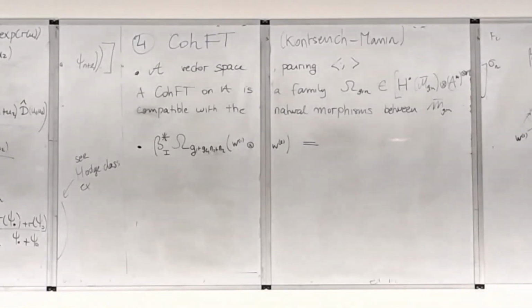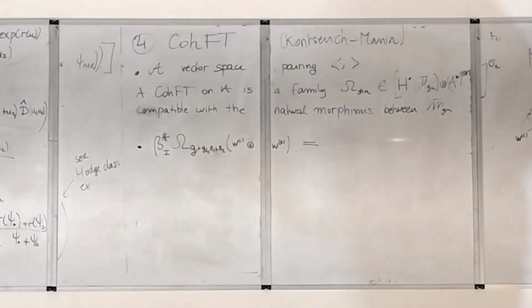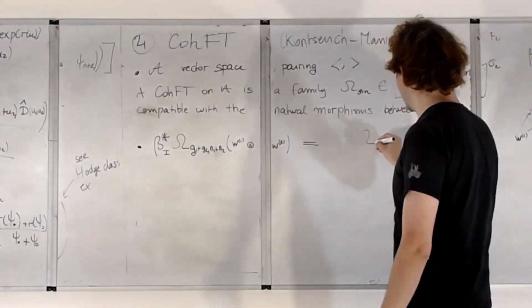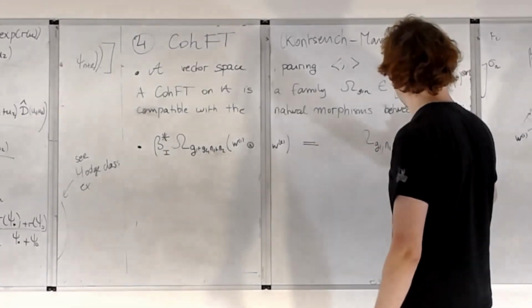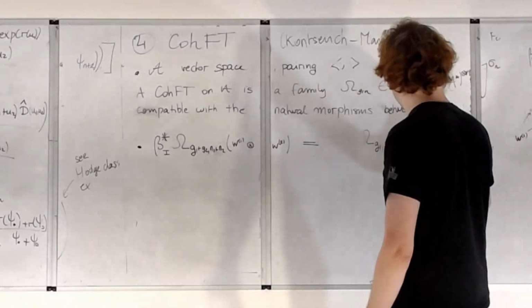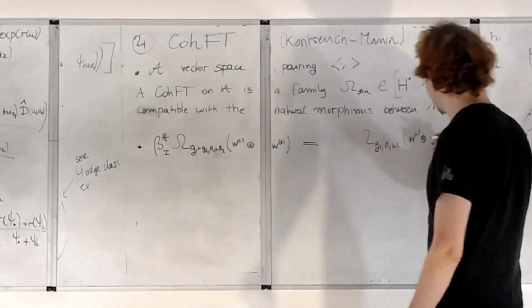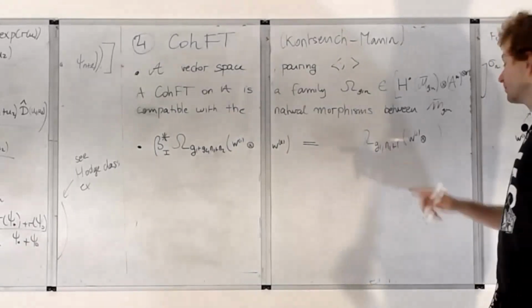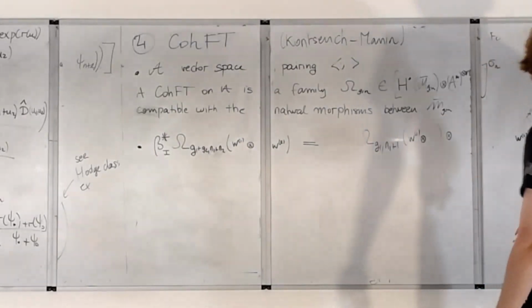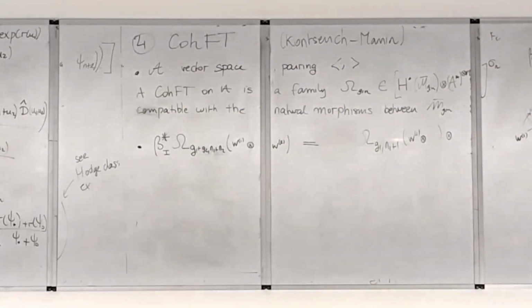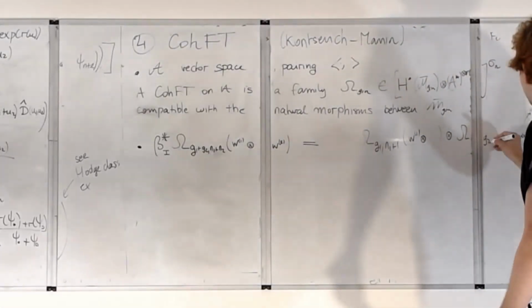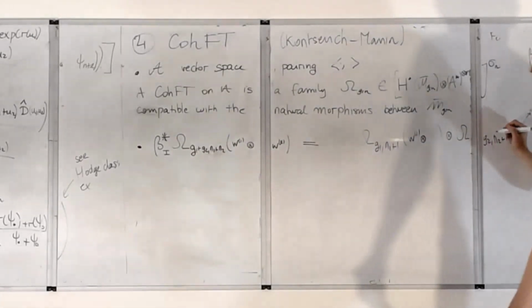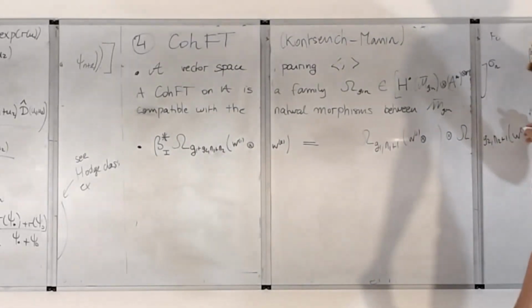We want to say it's compatible, which means that, oh, what other class do we have here? Well, we have a class which is omega g1, n1 plus 1 with W1, and I have to say what I insert here for the last point, tensor, because the cohomology of a product is the tensor product of the cohomology, omega g2, n2 plus 1, and here W2.